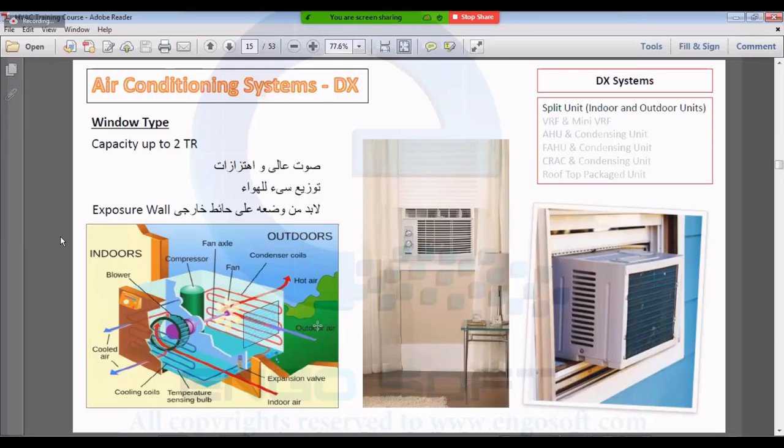Okay. Window type air conditioner, the capacity reaches 2 ton. This is the highest; there isn't any window type at 3 ton.